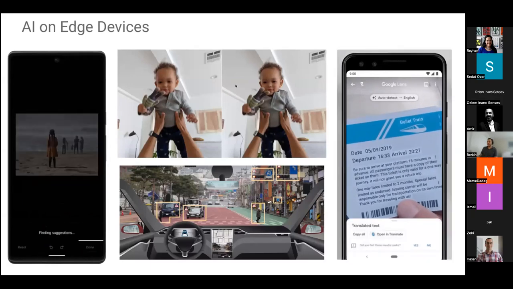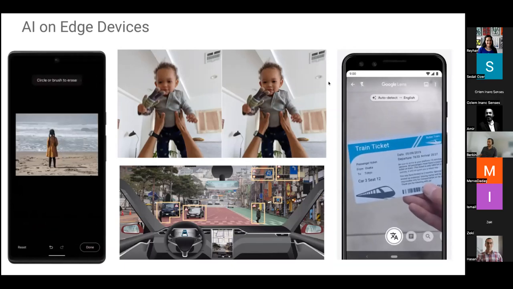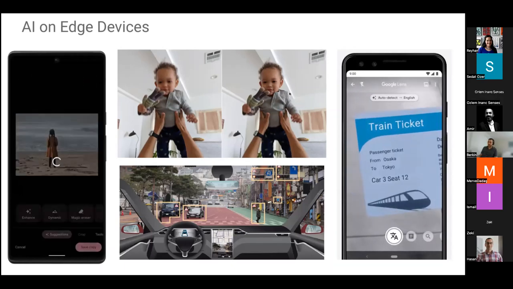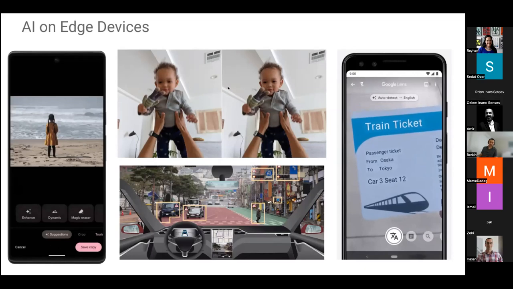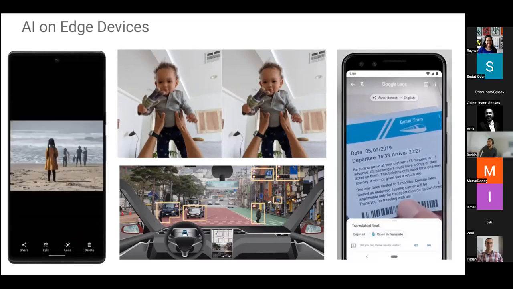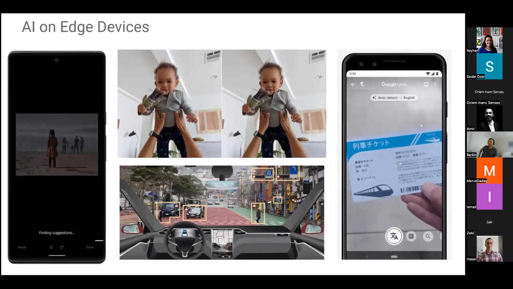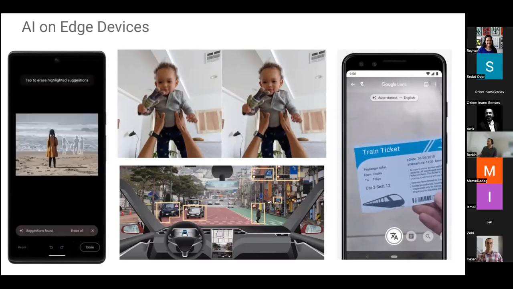Another example is face deblurring. You take a picture, it's blurred, and then you can deblur it. Conventionally, a lot of these used more traditional computer vision algorithms, but today most of these things are done using AI.